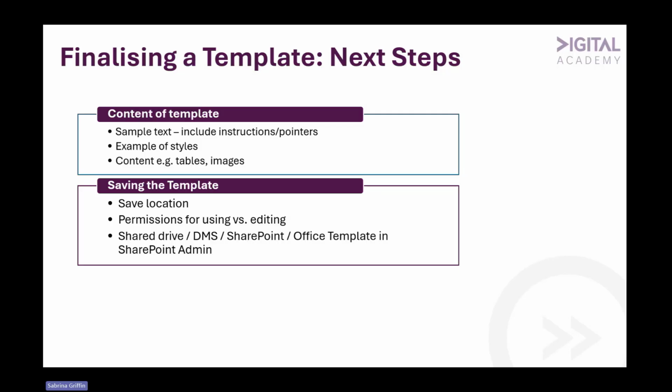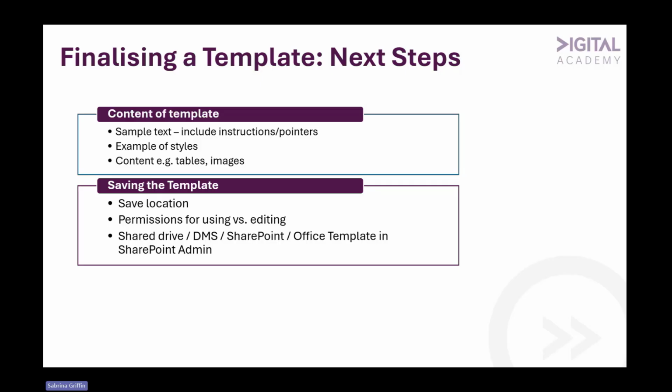Also, just wanted to mention at this point, once you have that finished template, make sure you've got what you need in there: your styles, any graphics, your table of contents, everything that we've covered. That sample text, so in my example, I just put in some generic Word text, but it might be that the sample text you're including within your template is more of pointers. It might be an introduction to the template itself.